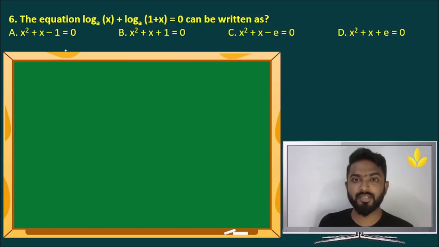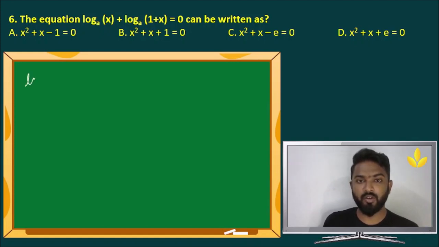Question number 6. The equation, this is equal to 0, can be written as, okay, so the base value is the same, so we can multiply the arguments. So we have log base a of x into 1 plus x equals 0.